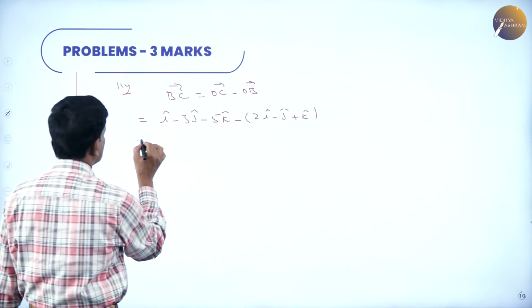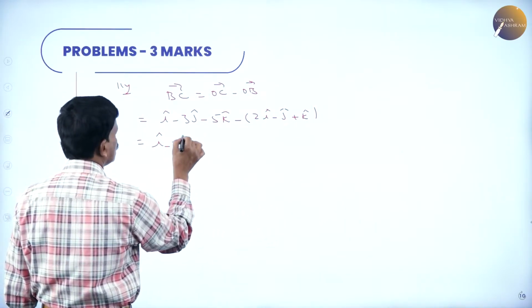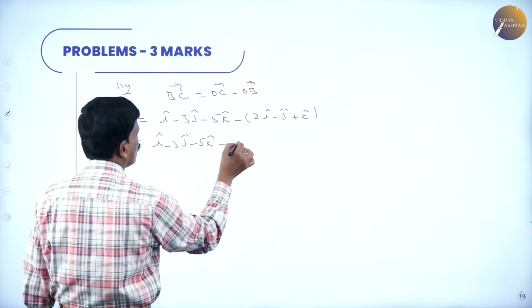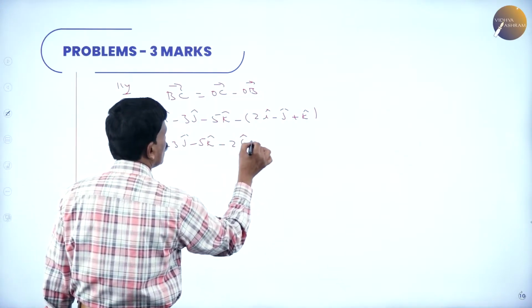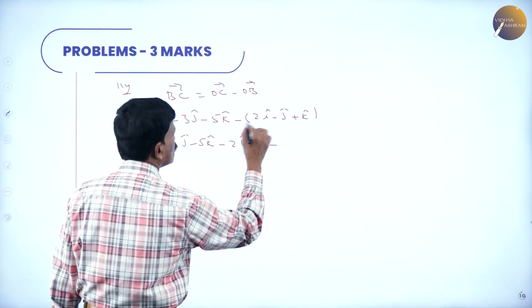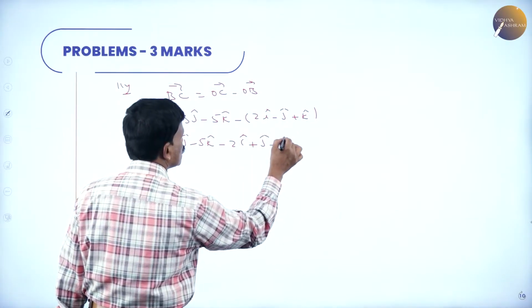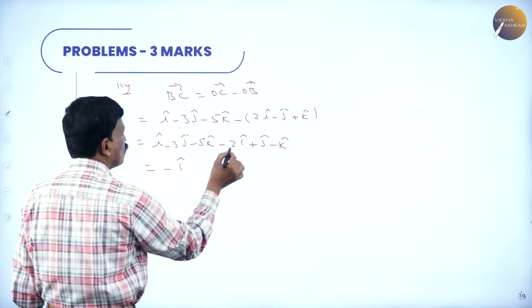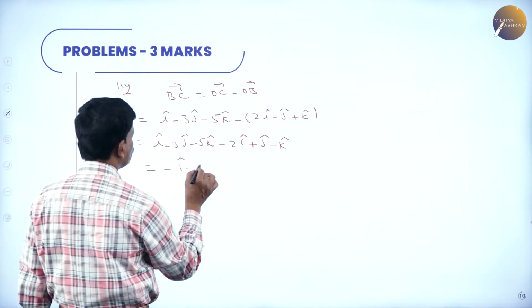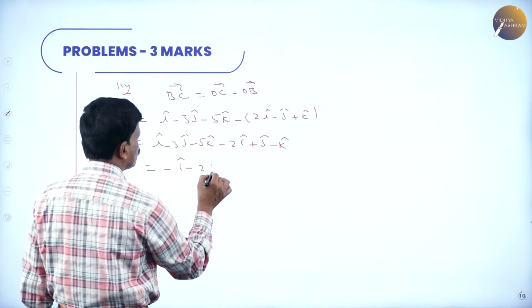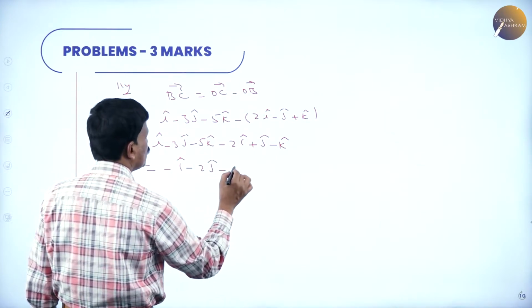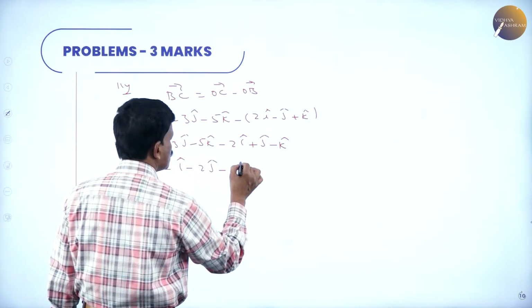Simplify this. This is i minus 3j minus 5k cap multiplied by the negative sign: minus 2i, minus into minus plus, minus into plus, it is minus k cap. Simplify. Minus 2i plus i is minus i. Minus 3j plus j is minus 2j. Minus 5k minus k is minus 6k.